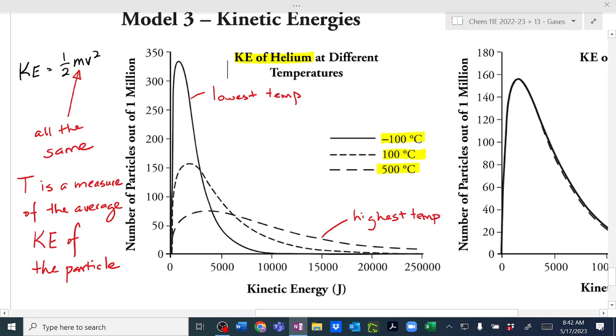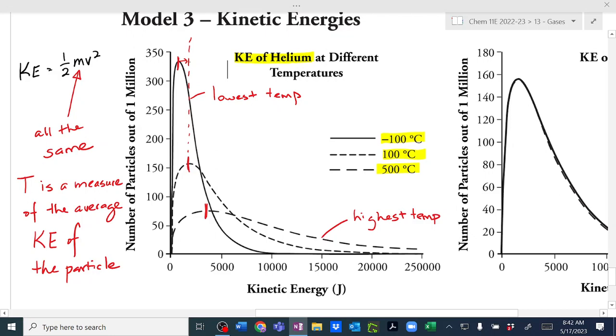And one thing that you'll notice is the actual peak. What's happening to the actual peak? It's getting rounder, and if we were to continue this upward, what's happening to it?